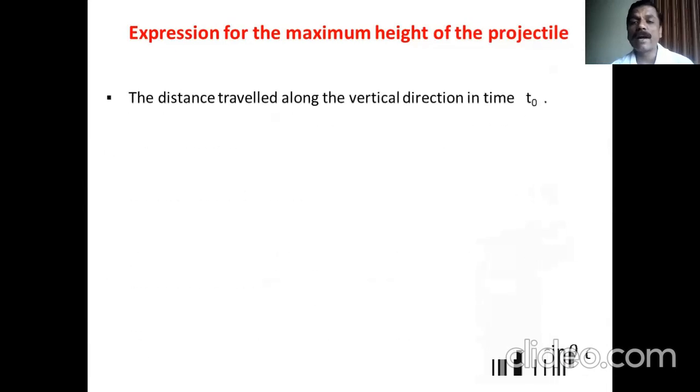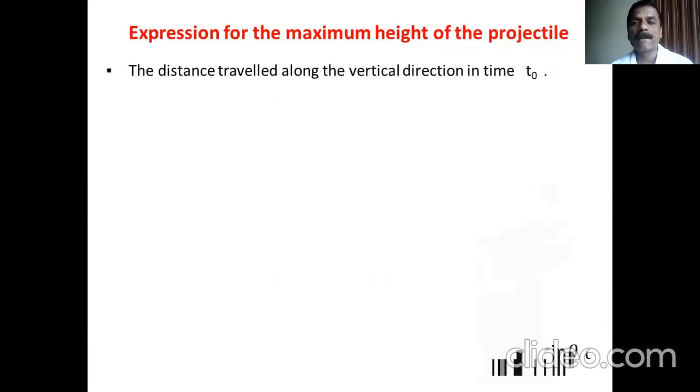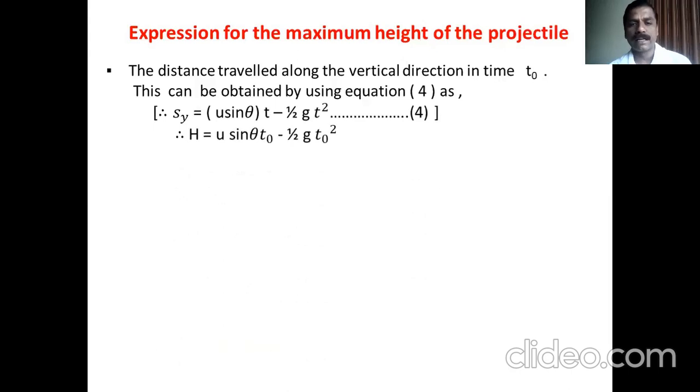Now we know maximum height is measured along the y-axis. So it is the distance traveled along the vertical direction in time t0. We know t0 is the time of ascent. So here we can take the help of the displacement, and use equation number 4, which we already know: the displacement along the y-axis is u sine theta t minus half g t square.